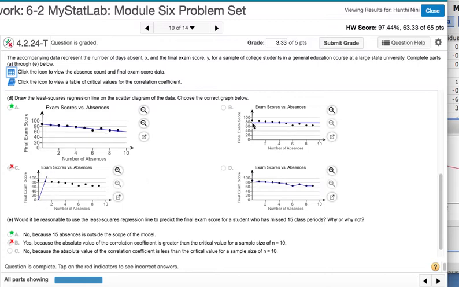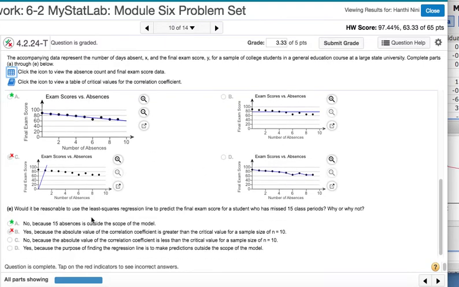This is not a negative slope, so this would be a slope of 0. It's not going up and it's not going down. And this is just a fitted line, and we don't go up and down when we have a fitted line. So it's linear. It doesn't go up and down.